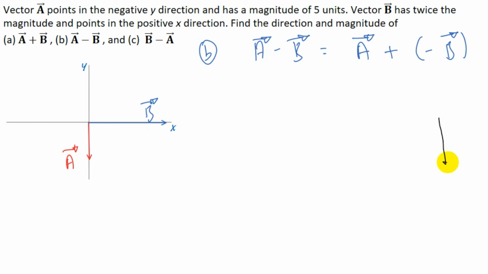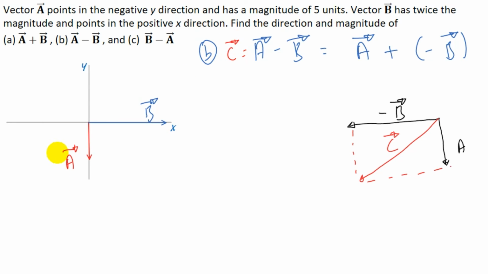This is our vector A, and negative of vector B would be just opposite to vector B, so its direction would be opposite. So this is negative of vector B. Its vector sum would be in this direction. Let this be the C vector.